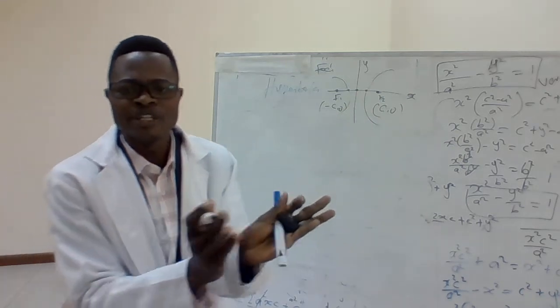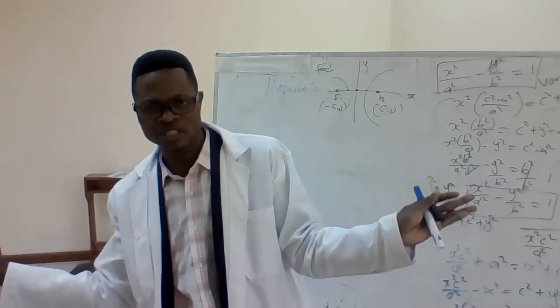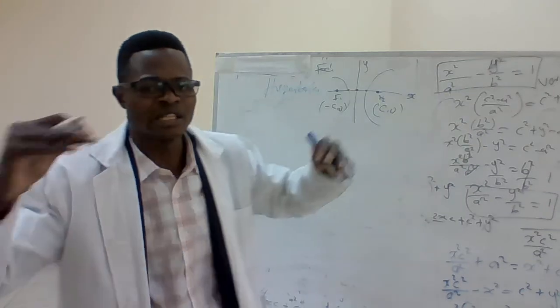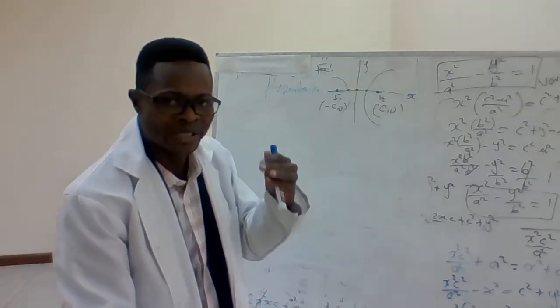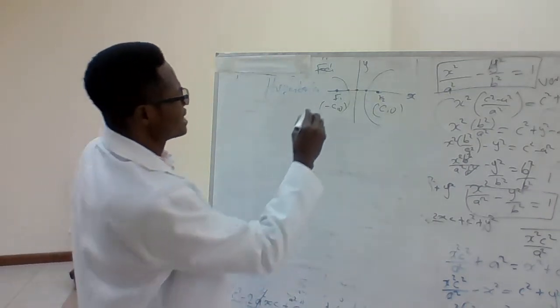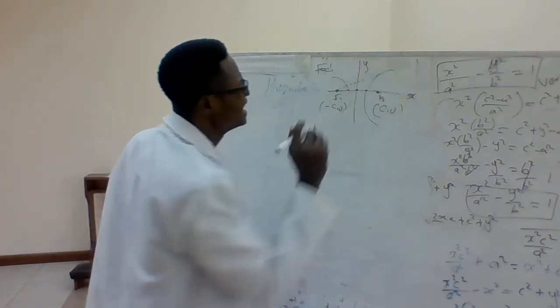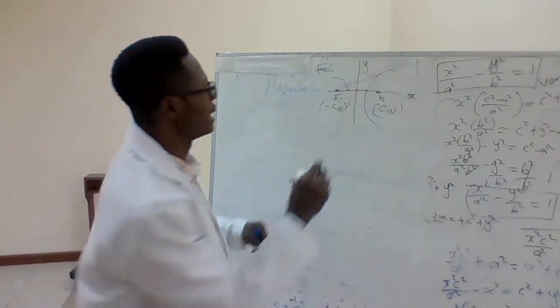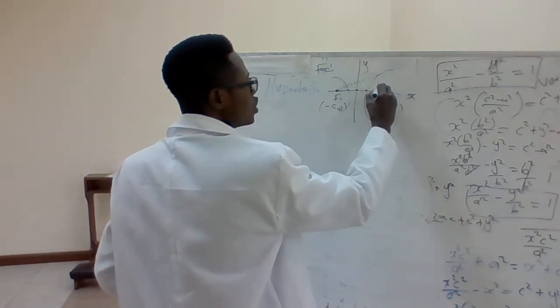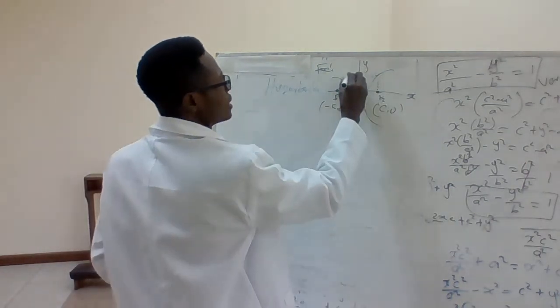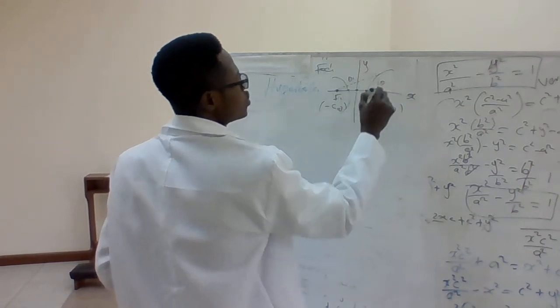It could be opening sideways, and it could be opening upward or downward. So the distance from here, f1, up to any point in your hyperbola can be connected to your f2, which means this is our d1 and this is our d2.